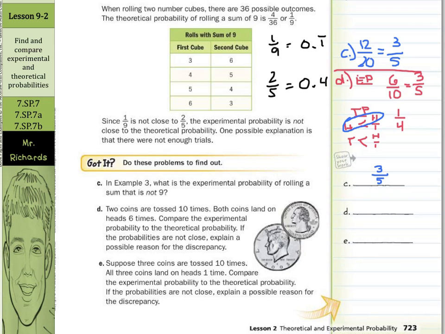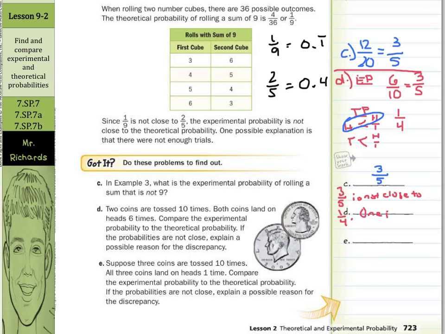So our experimental probability for this experiment was 3/5. The theoretical probability for this was 1/4. And so for this, very similar to the guided examples, we can say 3/5 is not close to 1/4.